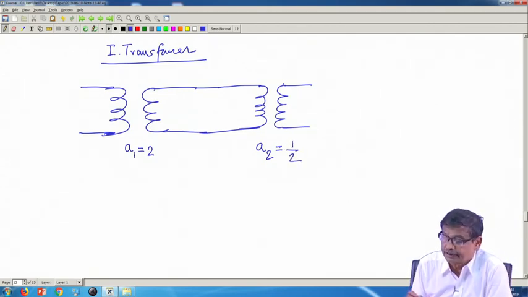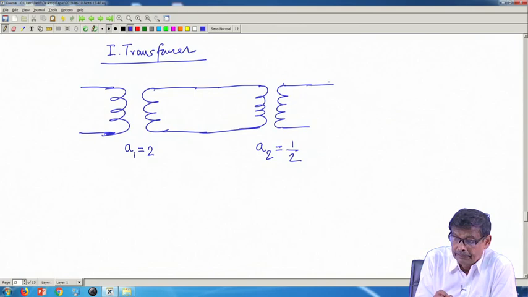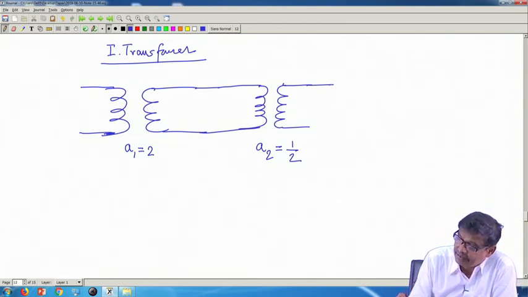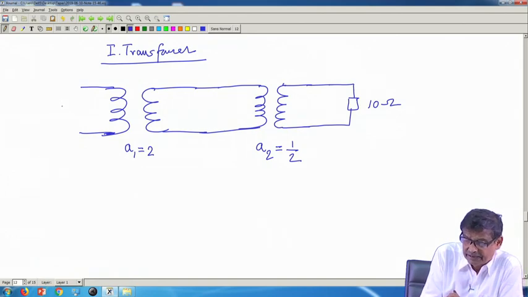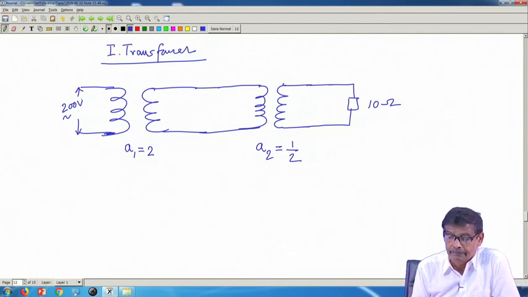Suppose he has connected an impedance of 10 ohm on this side, and you have connected a 200 volt, 50 hertz AC RMS source here.